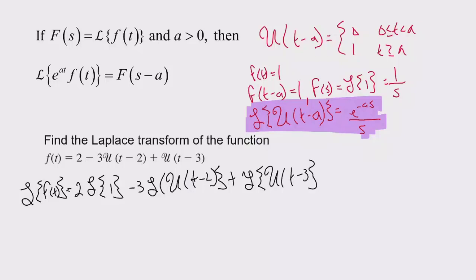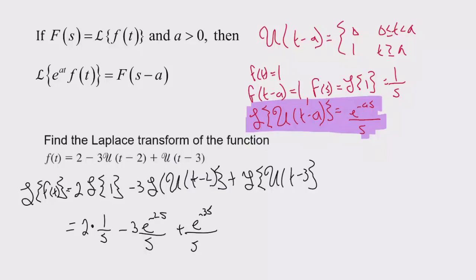Okay. All right, so that then says we got 2 times the Laplace of 1 is just 1 over s, minus 3, and then that Laplace of the unit step of t minus 2 is just e to the negative 2s over s, and then that last term is again a unit step of t minus 3, so that's e to the negative 3s over s.